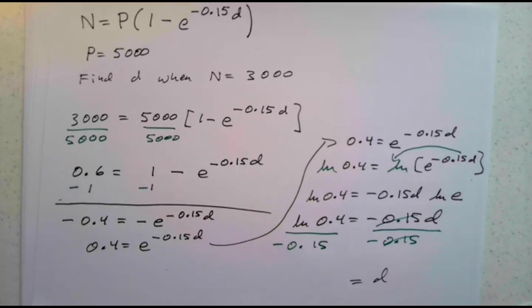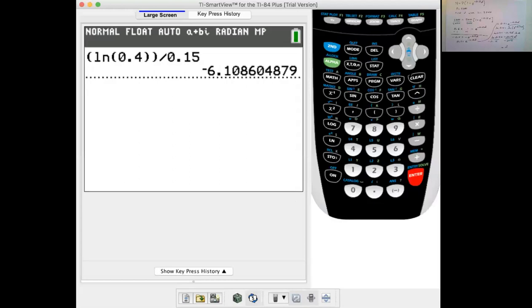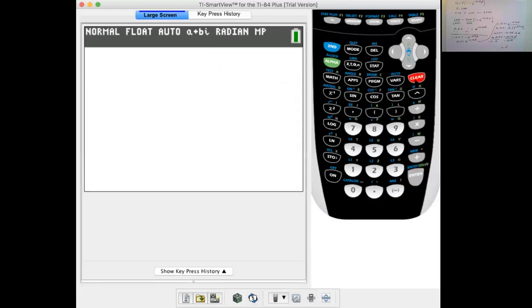Natural log of 0.4 divided by negative 0.15. So let's go ahead and do this. Let me get rid of that because that's a mistake from before.